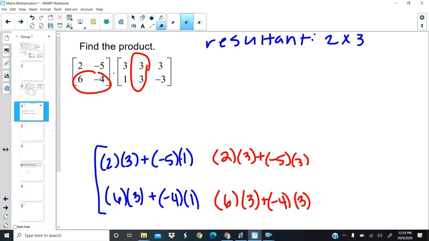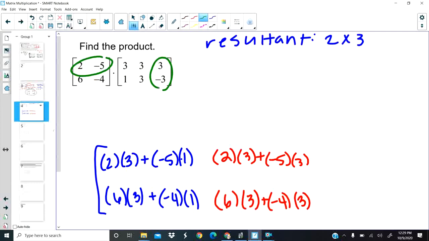And now I just want to do my last column. So I'm going to start with row 1, column 3, actually. So I'm going to have 2 times 3 plus negative 5 times negative 3.